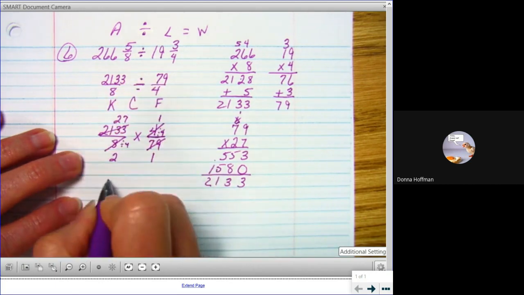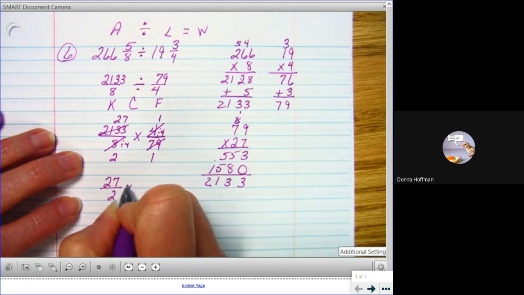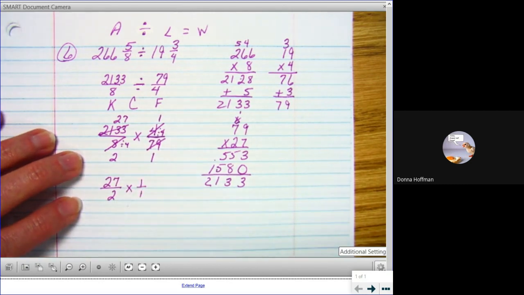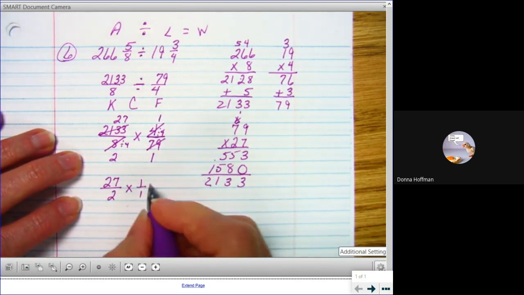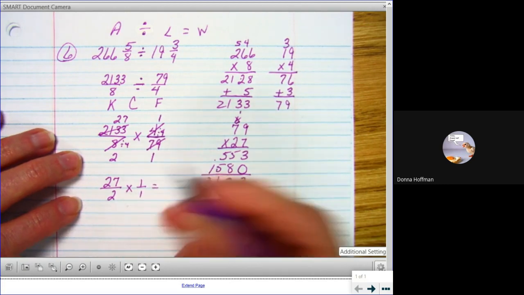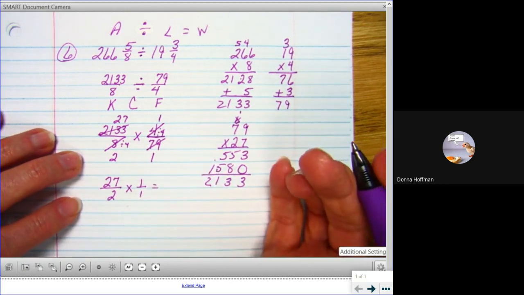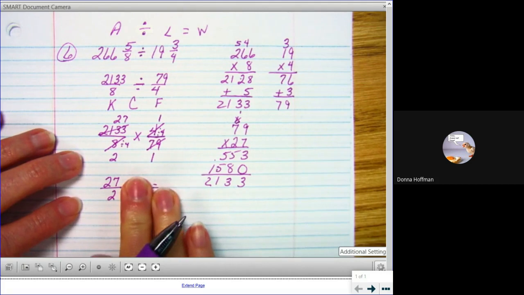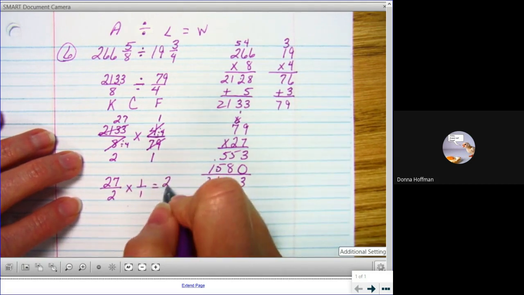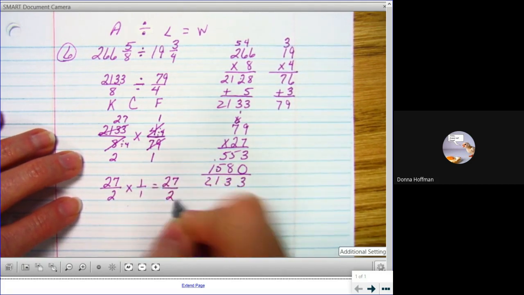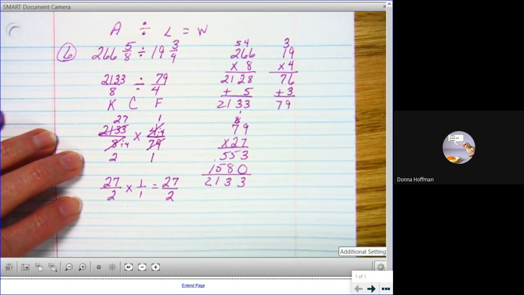So here's my new problem. 27 over 2 times 1 over 1. As we know, the 1 over 1 goes away because it's just 1. Anything times 1 is anything. So actually, I'm done right here, right? But I'll go ahead and write it out. 27 over 2, and I have to simplify that.